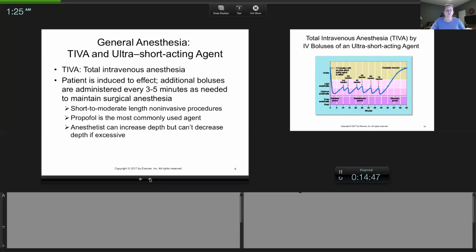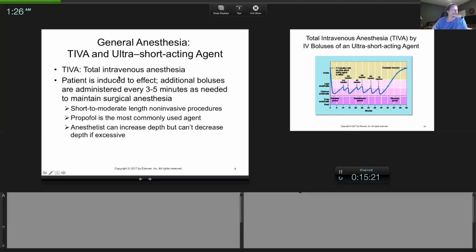There's general anesthesia that you can do IV, and it's called TIVA. You need to know what this stands for. Right here, total intravenous anesthesia. It means that the whole anesthesia is being maintained with these intravenous agents. This would be propofol or alfaxin, maybe fentanyl, but these are the drugs we typically use when we want to do a TIVA.